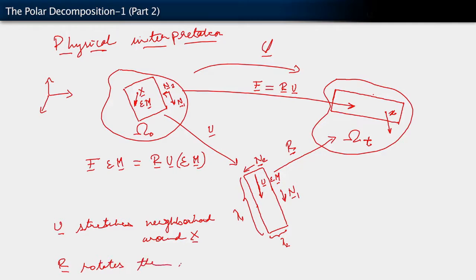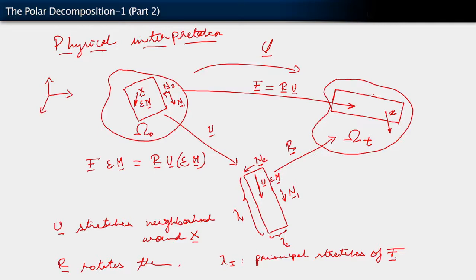It is for this reason that the eigenvalues of U, the lambda i, are also called the principal stretches of F. Those are the directions which are purely stretched. The directions corresponding to the eigenvectors are purely stretched.